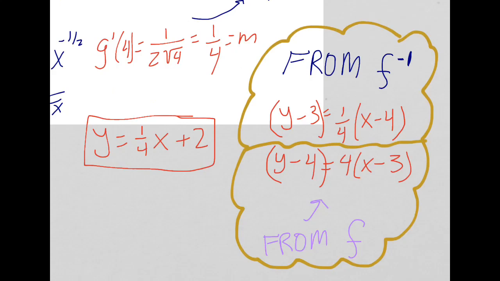Look, the 3 in the y and the x, those trade places, and then the 4 in the other y and the other x change places. And then in the middle there, our slopes are reciprocals of each other. That is nuts.